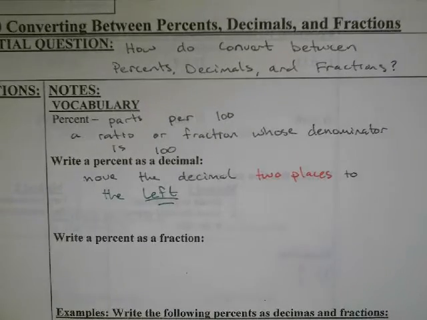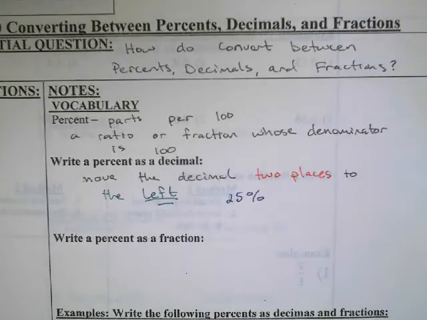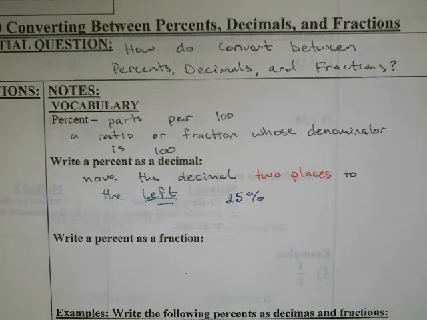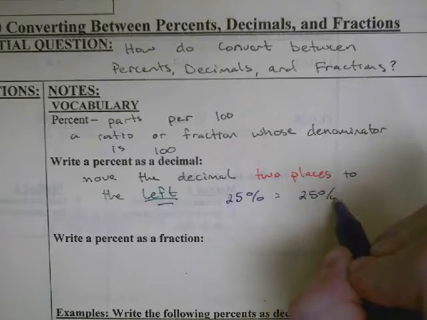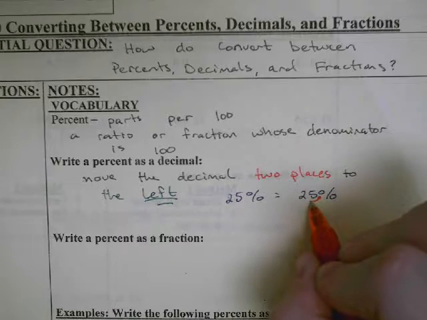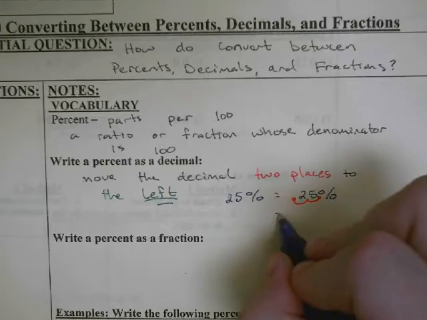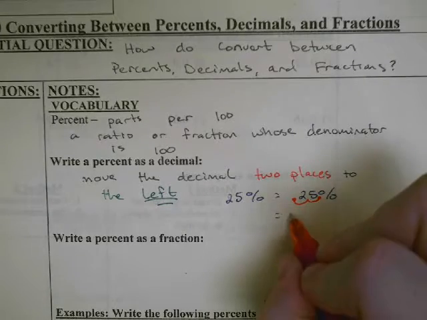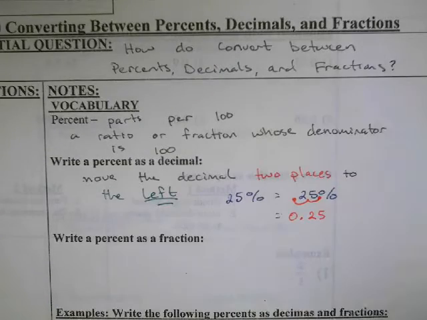So a good example would be if I had 25%, well, there's no decimal. Well, I can think of there being a hidden decimal. So we would say it's 25%. Here's my hidden decimal. And then I move it to the left two places. And now I get that is equal to 0.25. So we move that decimal, sometimes hidden, two places to the left.